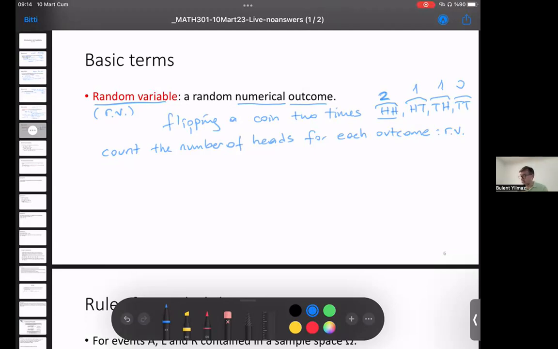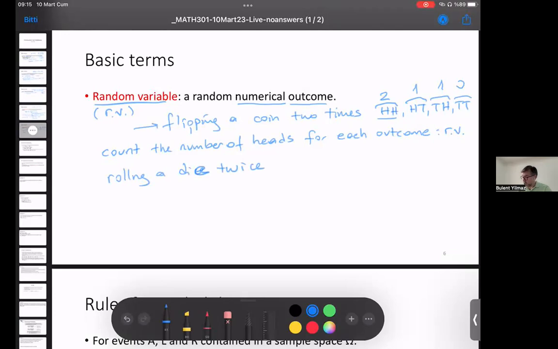So for example, in this case, HH, HT. For example, rolling a die twice.